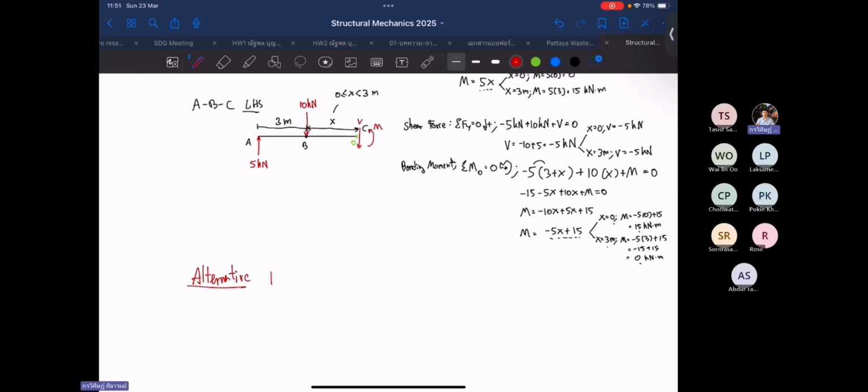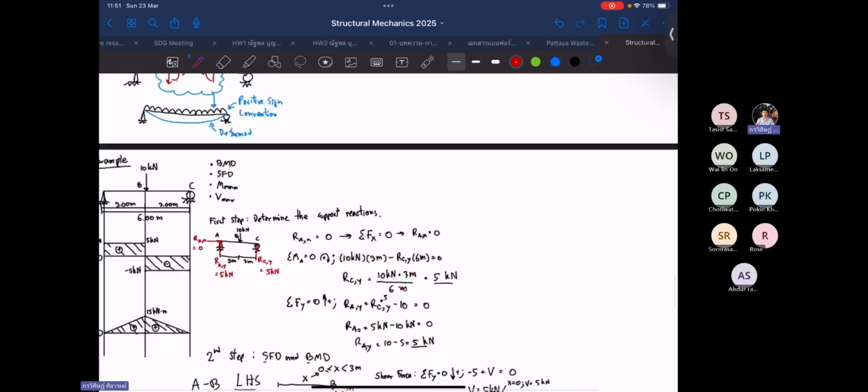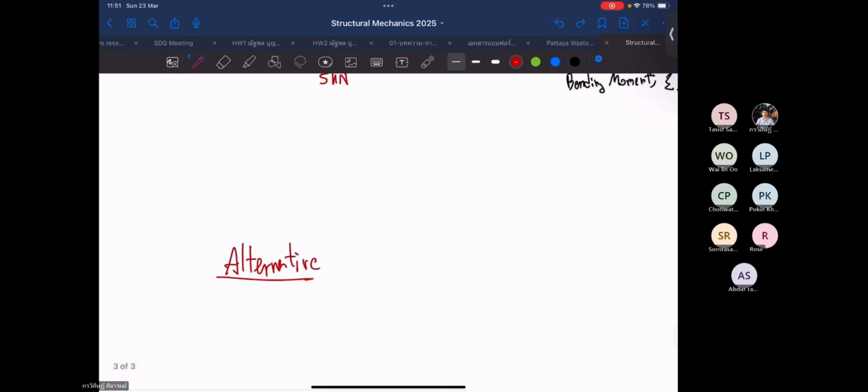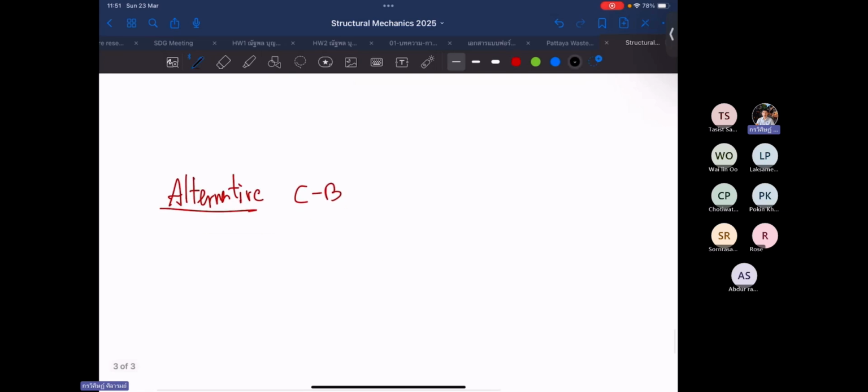From the right-hand side, we have to do from C to B. If you do from C to B, you will have point C here and point B here. At point C, we have the support reaction of 5 kilonewton.